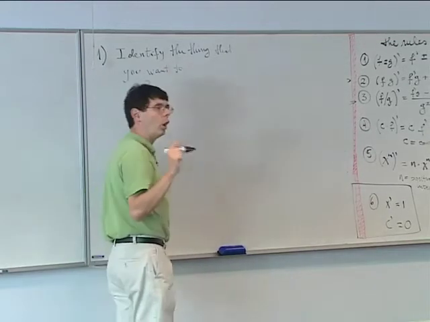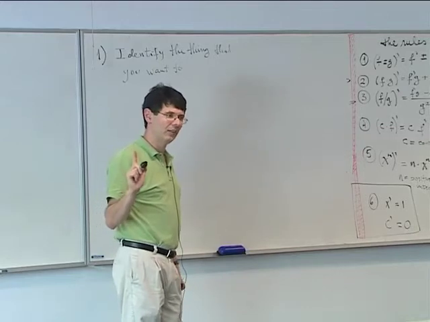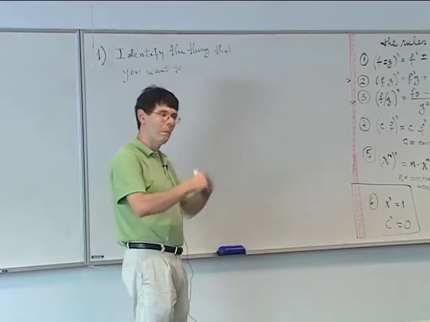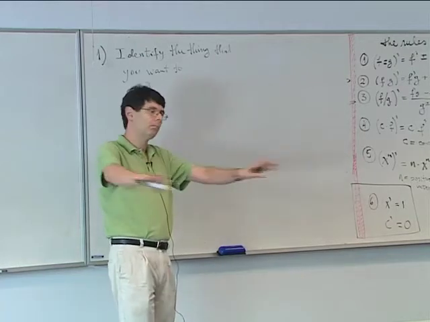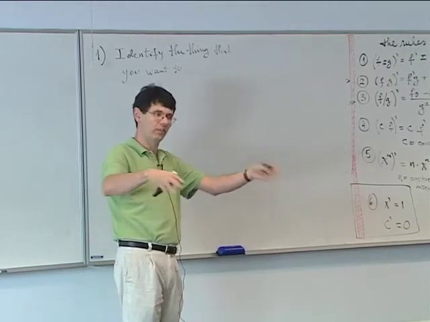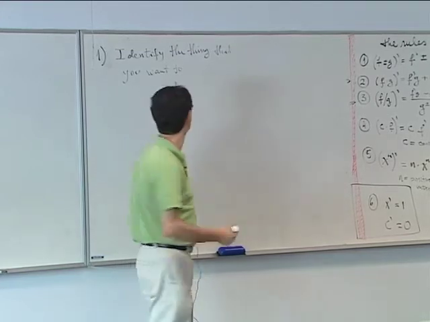I'm going to write optimize instead of maximize, because in certain problems it's maximize, in certain problems it's minimize. So I'm going to use a word that will represent both. Optimize.